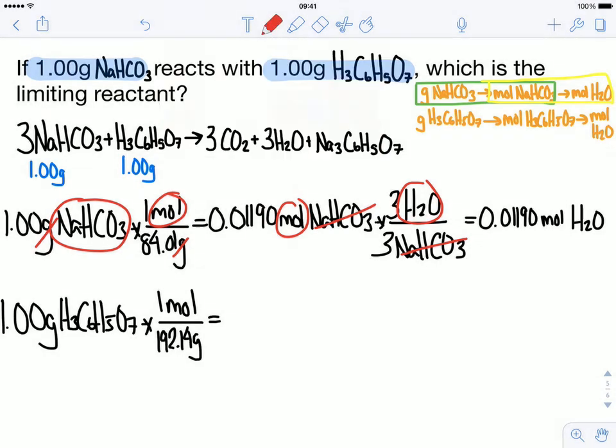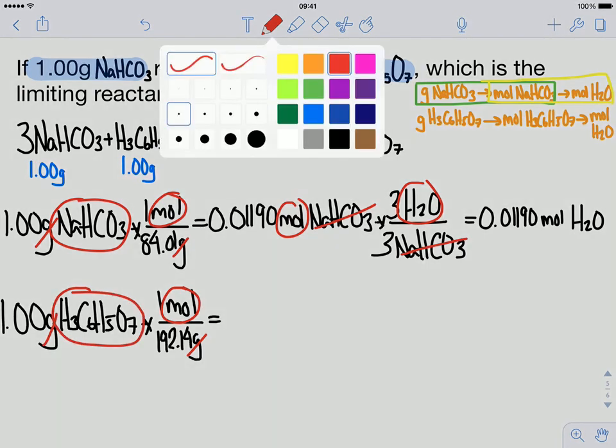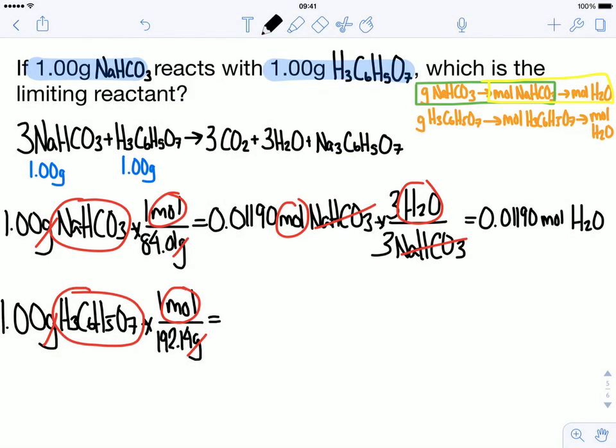Now, if we look at our units, grams cancels with grams, and we're left with moles of citric acid. So this number comes out to 0.005204, and the unit is moles of H3C6H5O7.